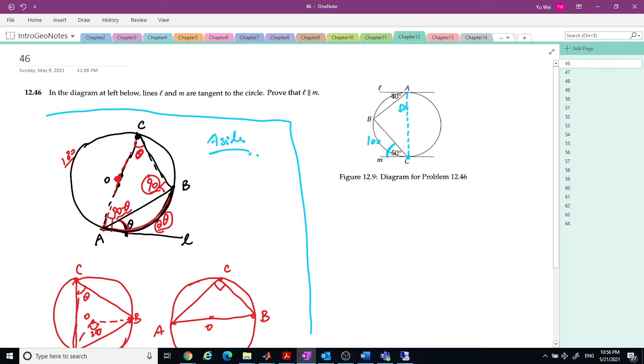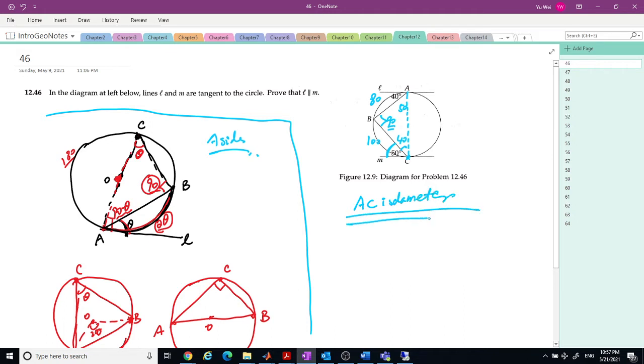Same thing, since it's a tangent line, arc AB is 80 degrees, so this will be 40 degrees. So 40 plus 50 is 90 degrees. Then you can see this one is 90 degrees.